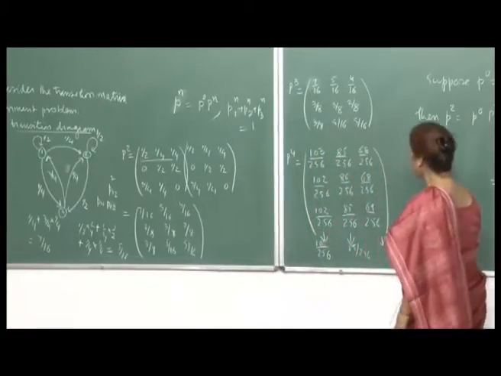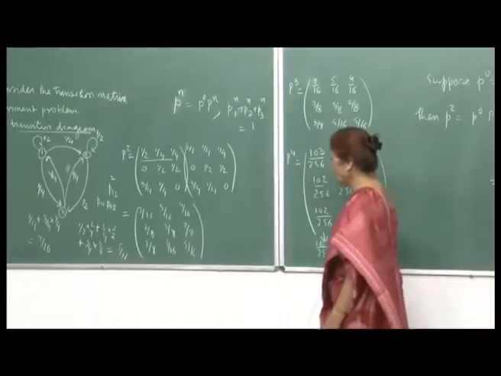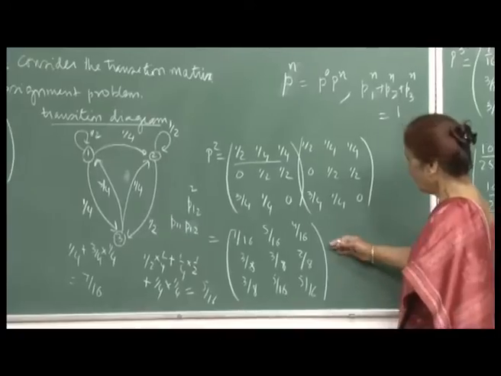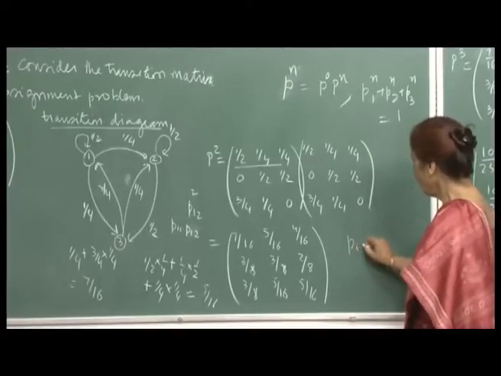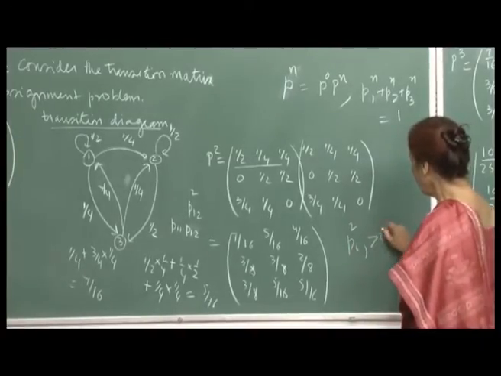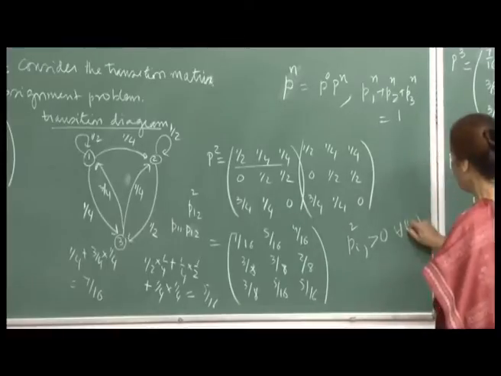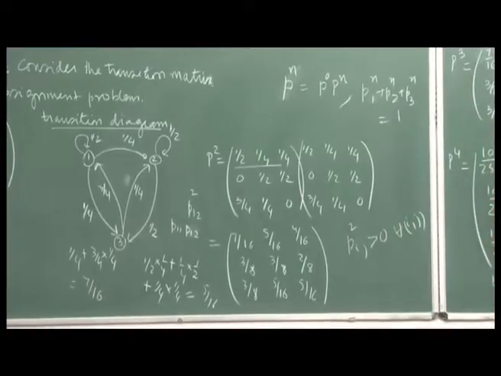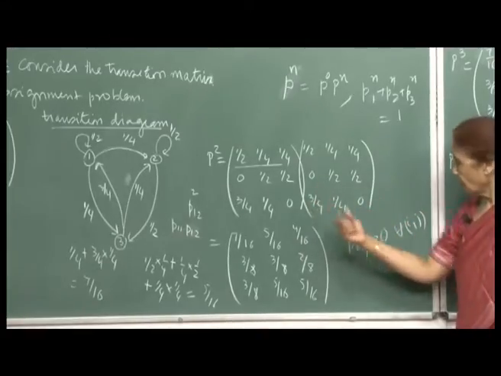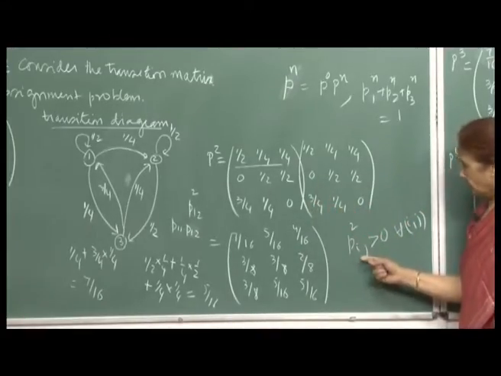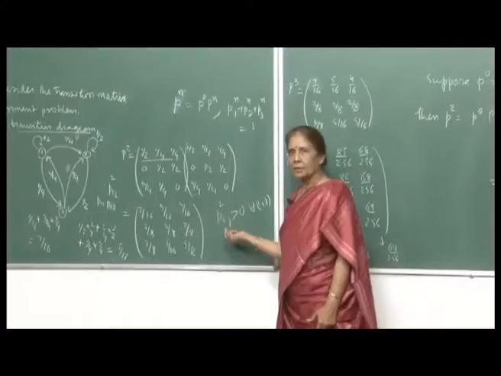So, at P 2 all your entries are positive, which means P I j 2 is positive for all I j. So, this immediately makes you conclude that you have a two step path from every state to every other state.